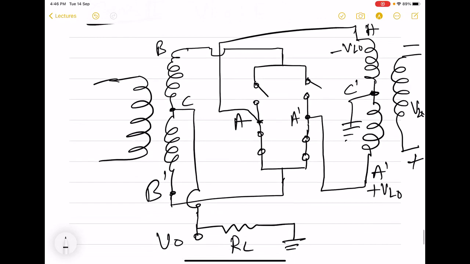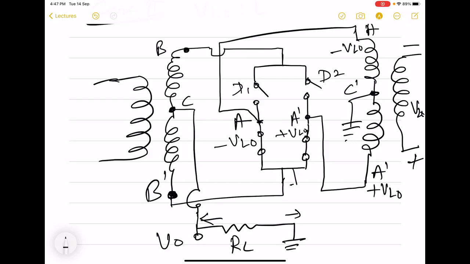So this time we are looking for output voltage between node C, again like the previous case, and ground. And here we see that node B is isolated because of open D1 and D2, but node B dash is connected simultaneously to A and A dash, and A is at minus VLO, A dash is at plus VLO.